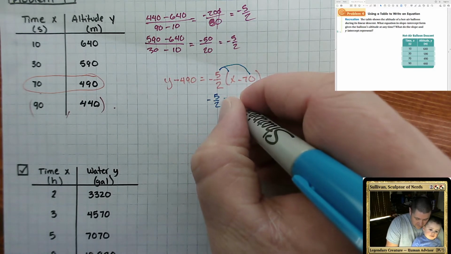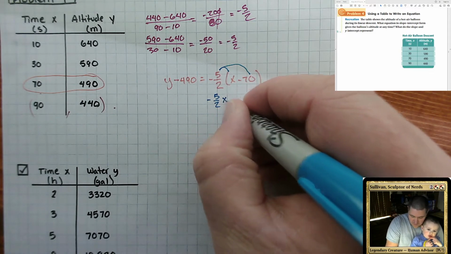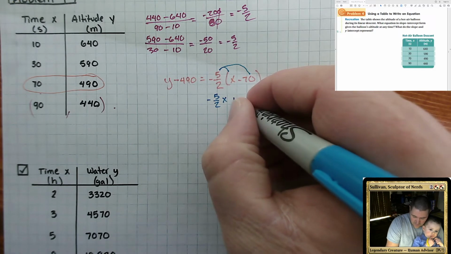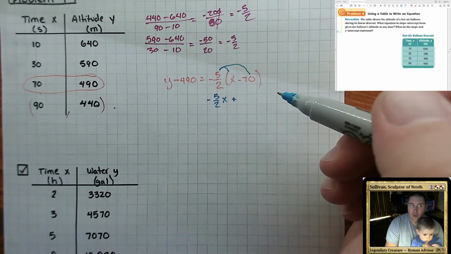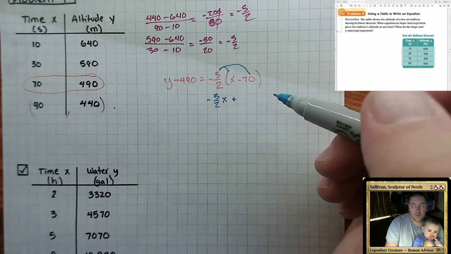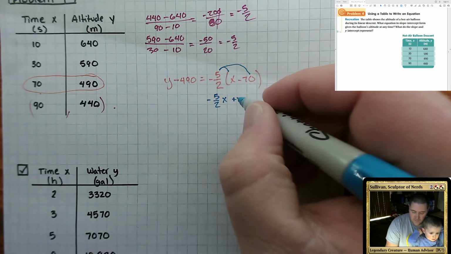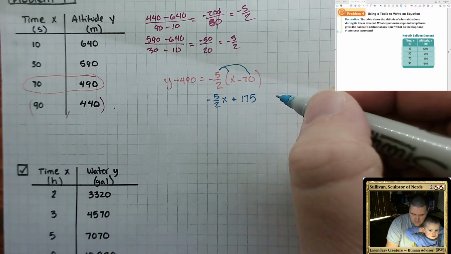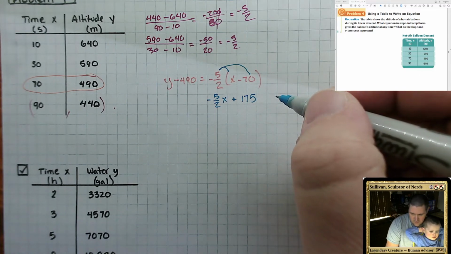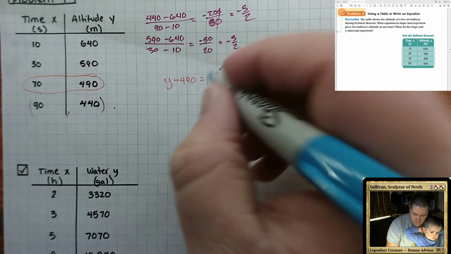Let's see how my mental math holds up with a little spawn here on my lap. Half of 70 is 35. 35 by 5 is 150, 25, 175. Right? 35 and 5. Yeah, okay.